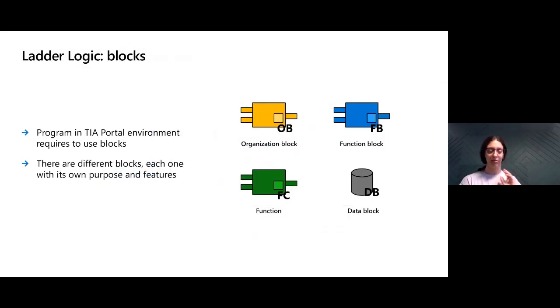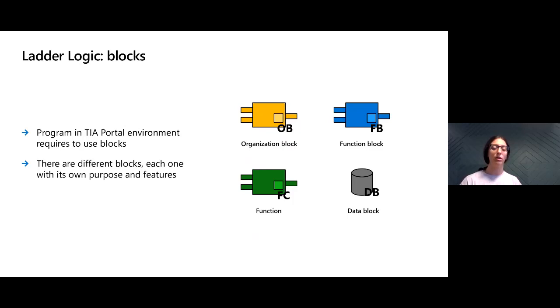Another very important thing we need to know about is blocks. Siemens TIA Portal provides us blocks to be used in a program, and we can compare them to functions in procedural programming languages like C. Each block has its own unique role and features, and I will explain each of them. The first one is the organization block, or in short, OB.